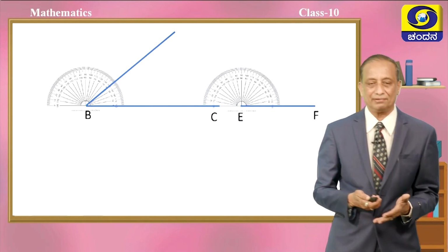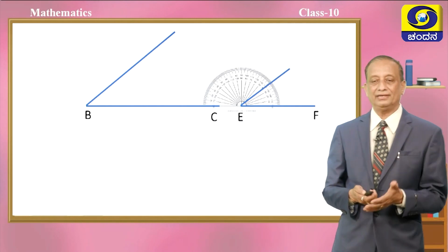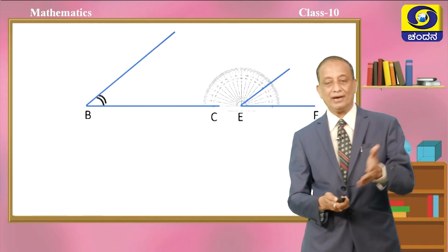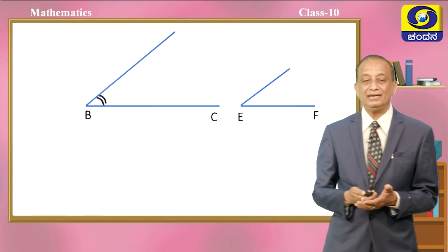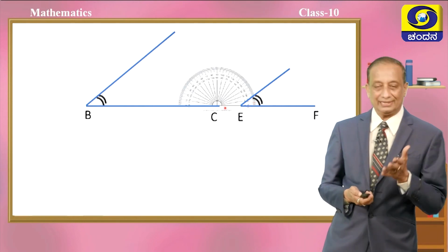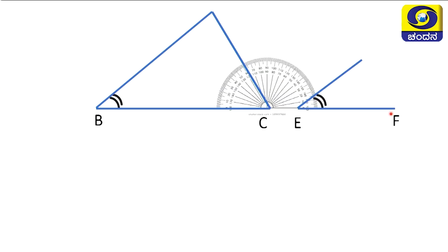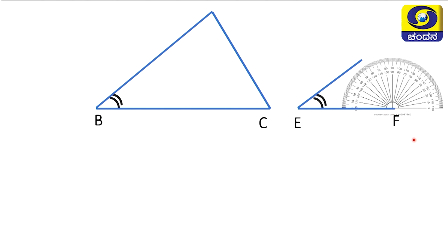Say here we have drawn 40 degrees, at E also you draw exactly 40 degrees. Now, you mark two arcs at B as well as at E. Again, keep the protractor exactly at C and F and measure somewhere around 60 degrees here, and at F also you can keep the protractor and mark an angle which is exactly equal to 60 degrees.